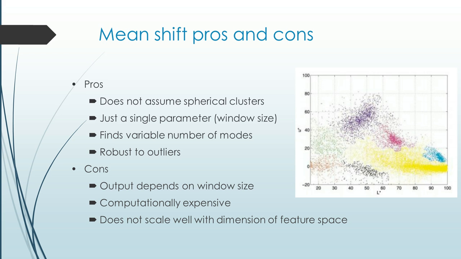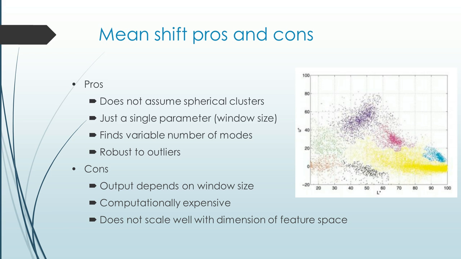Some of the disadvantages, for example, is that the output depends on the window size. As we were mentioning, this is only one parameter, but still, the output depends on it. If we have a fixed window size, then we only have one particular result, which might not be the best result in all cases.